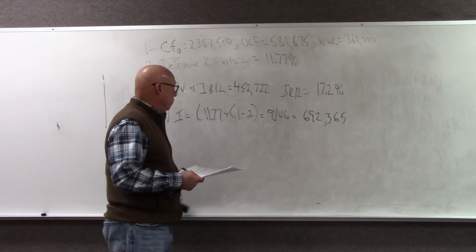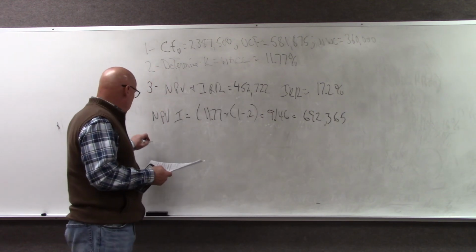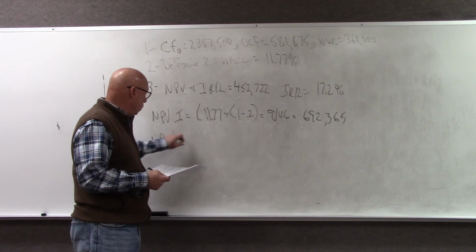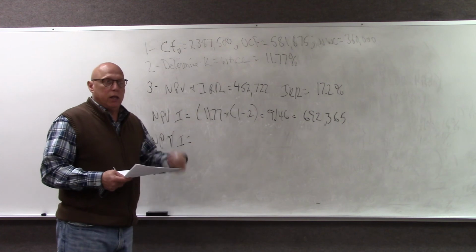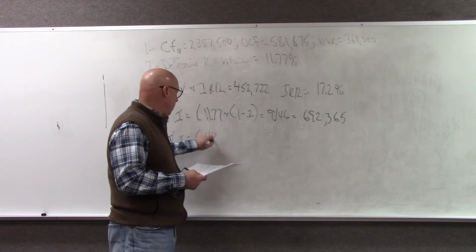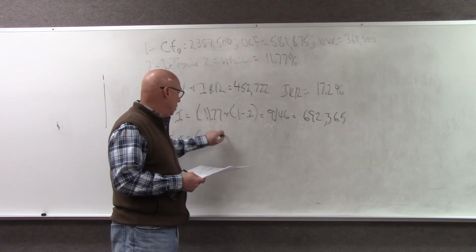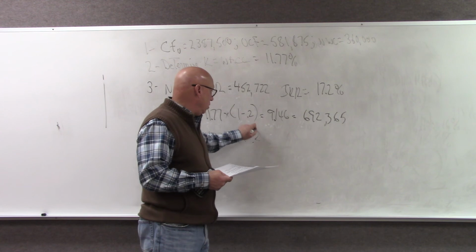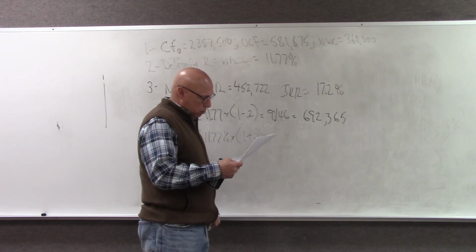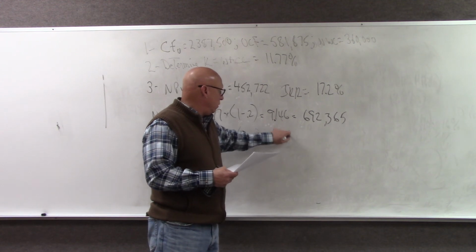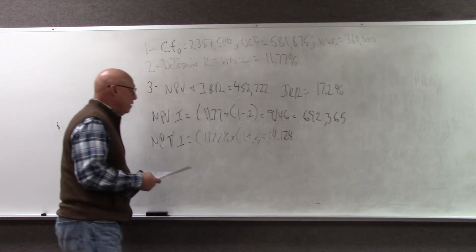All right, now let's do one more. NPV I equals, now this is for a project that is 20% riskier than the average project, so we're going to take our discount rate 11.77% times 1 plus 0.2, and we get a new discount rate of 14.124%.